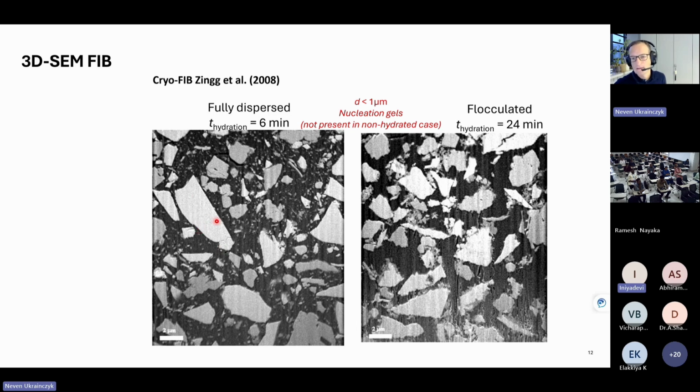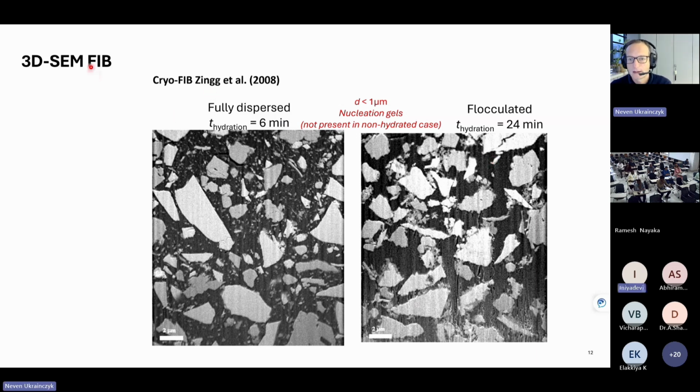Anyway, just remember the black is the pores or the water, and the brighter are the cement particles, which we can see are very irregular, and in this case they are fully dispersed because we use the plasticizer here. But here we don't use plasticizers, and you can see that the cement particles are flocculated.